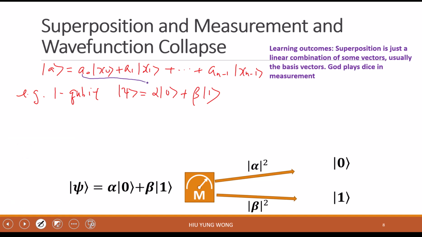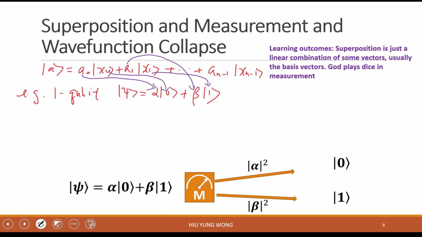Here, A0 equals alpha, x0 equals 0, A1 equals beta, x1 equals 1. I have all the freedom to write 0, 1, up or down, English or Hindi, whatever. Completely okay for me. So do not feel confused why x0 now becomes 0. It's just a name. But once you start working on the problem, you need to fix what the meaning is. So this is 1 qubit.